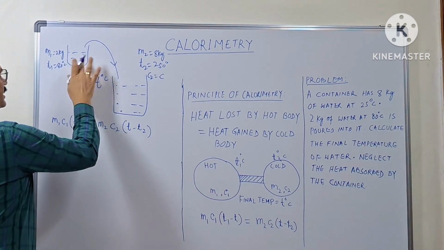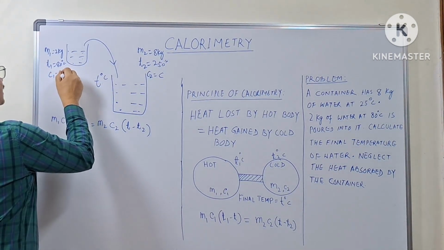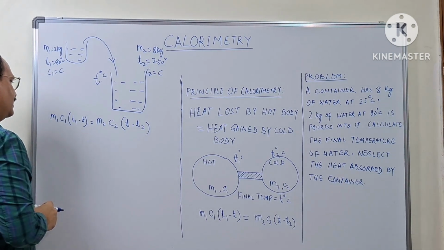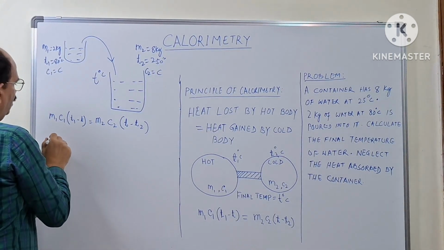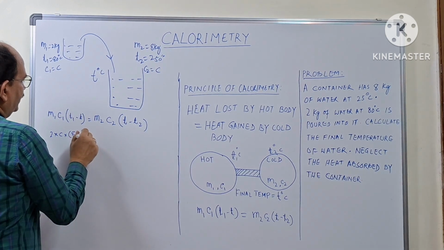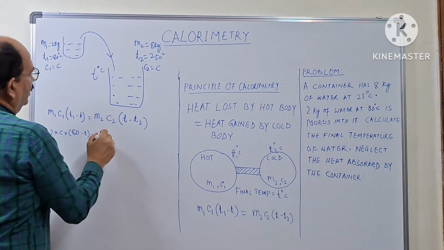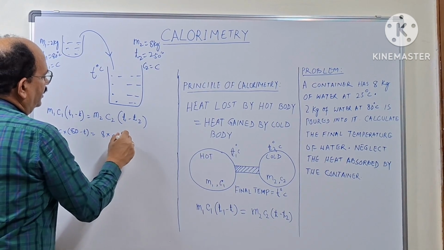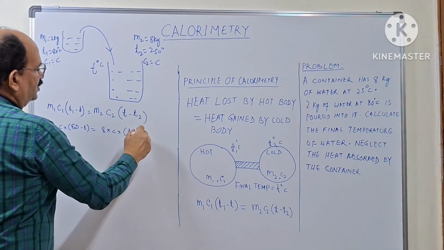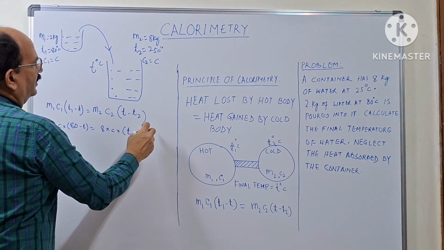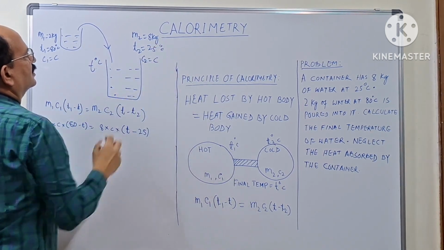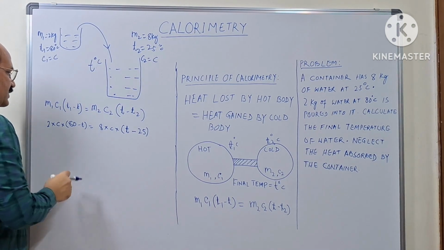Now here also, because it's the same water, the specific heat capacity of water is equal to C, whatever the specific heat capacity of the water may be. Now you can write 2 multiplied by C multiplied by 80 minus T, and that is equal to 8 multiplied by C multiplied by T minus T2, which is 25 degrees Celsius. This is degrees Celsius, not 250, it is 25 degrees Celsius.